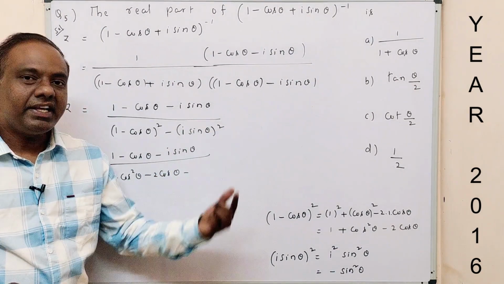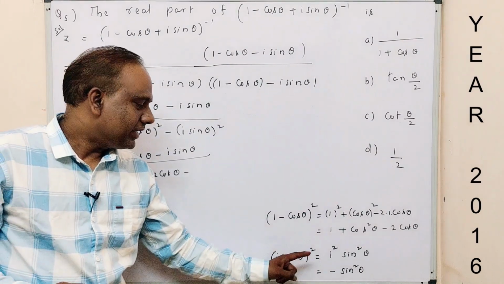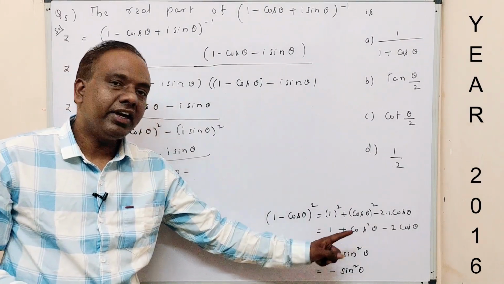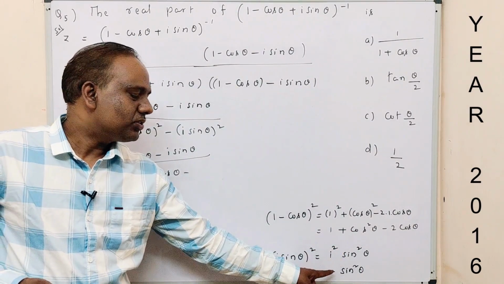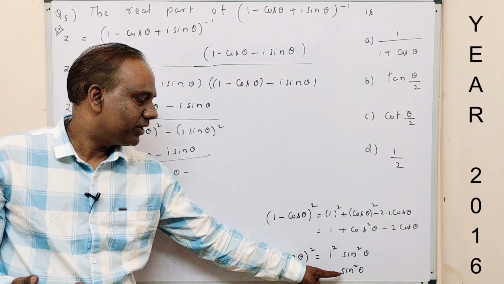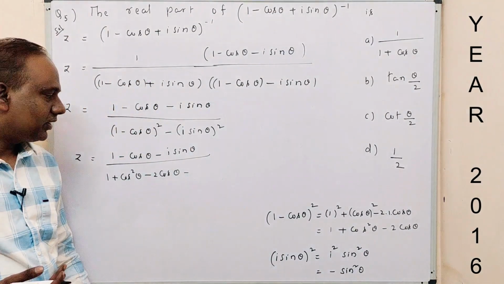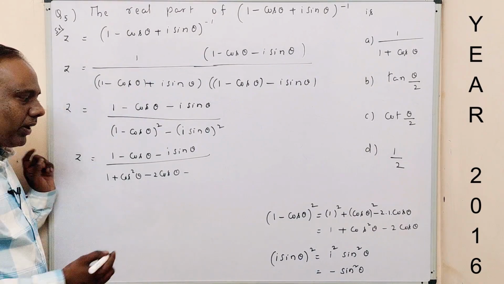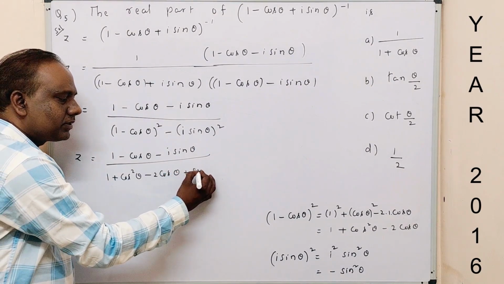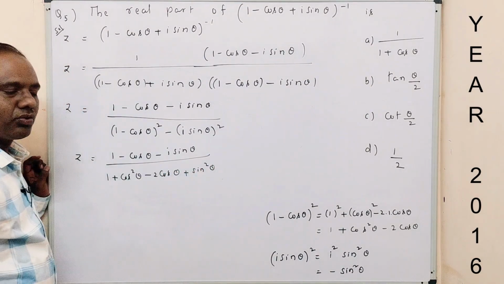Minus, it is (I sin theta) whole square. (I sin theta) whole square means I square into sin square theta, na? So I square value is minus 1. So it is minus sin square theta. It is minus, na? So minus into minus, plus sin square theta.